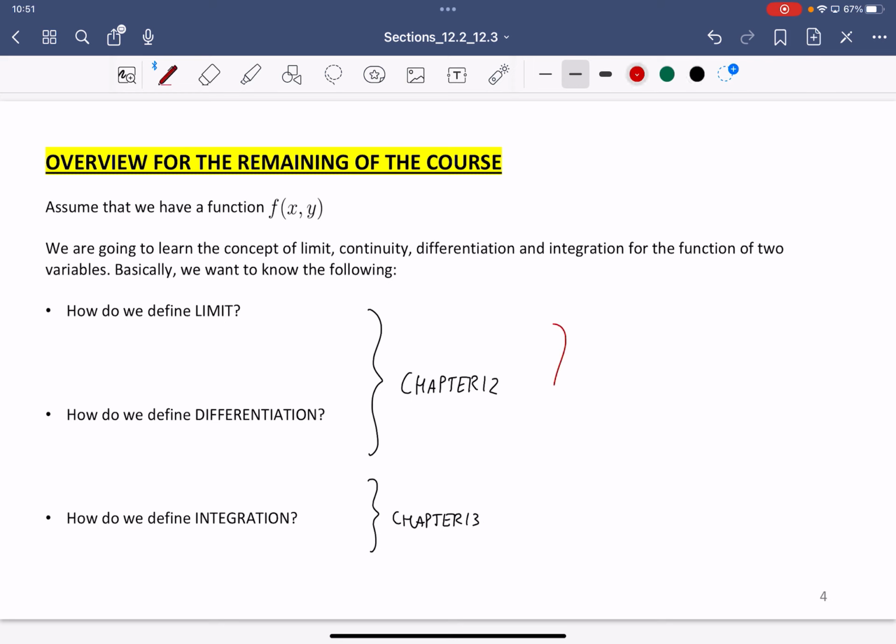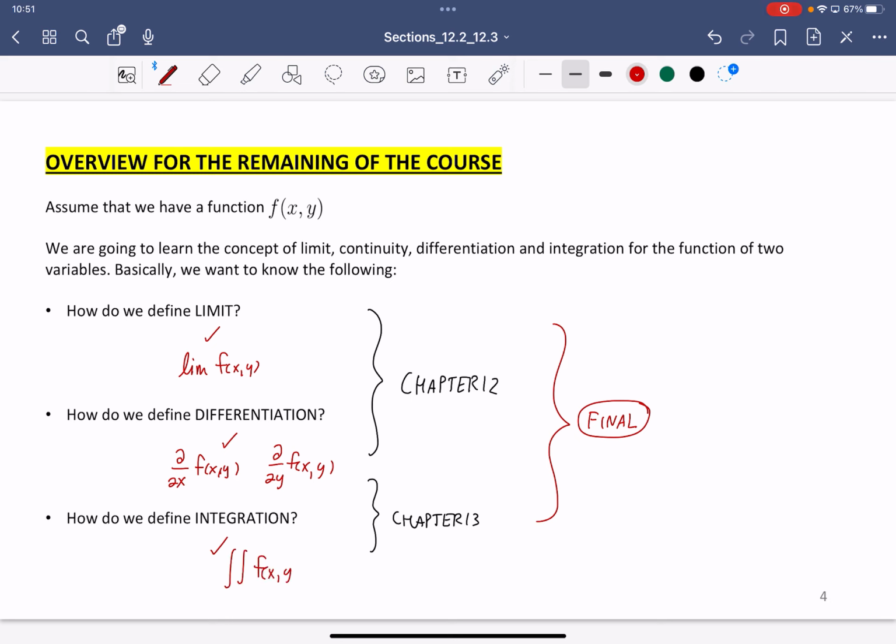And this is all you need for the final. It's just limit, differentiation, and integration in two dimensions. If you learn how to find limit, how to differentiate, and how to integrate, you should be able to do it in 5 weeks before the final.